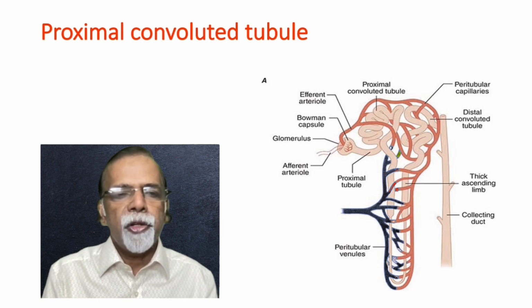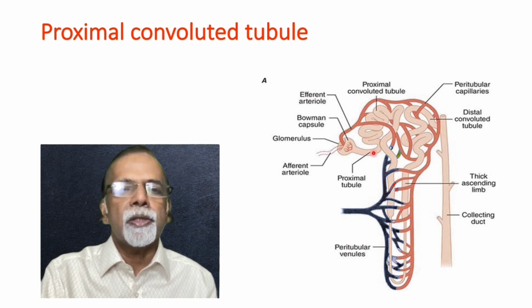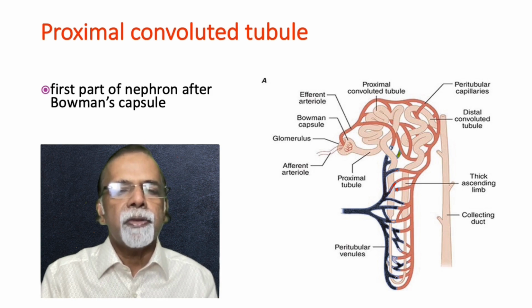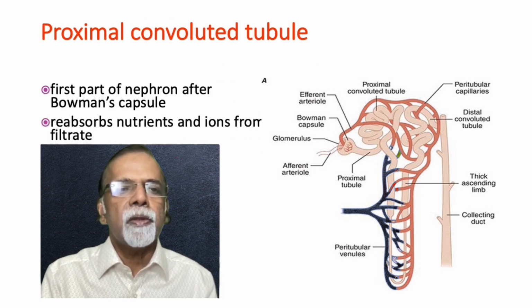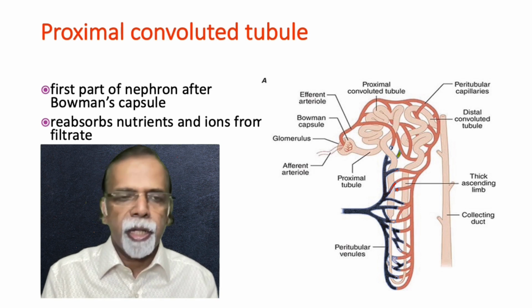So the proximal convoluted tubule, as the name explains, has convolutions. It is close to the glomerulus. That is why it is called the PCT. It is the first part of the nephron after the Bowman's capsule. From the filtrate, all the necessary things like glucose and ions are reabsorbed.